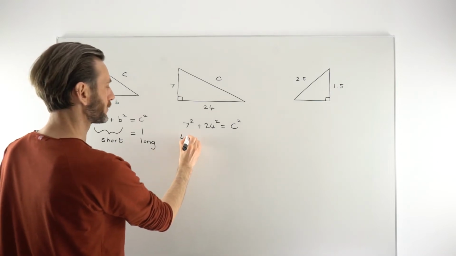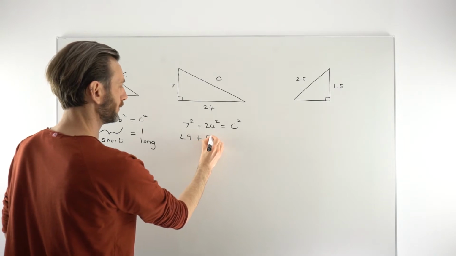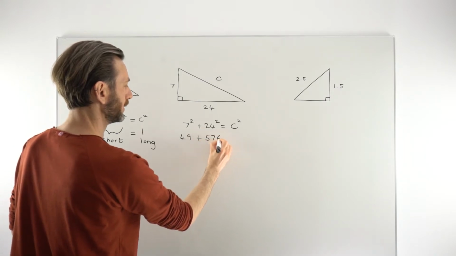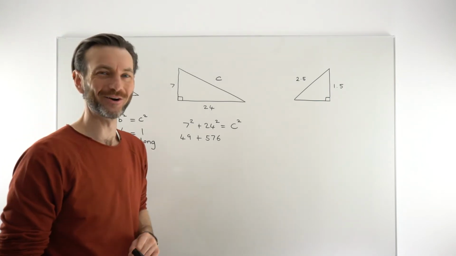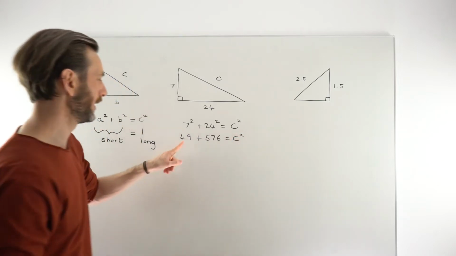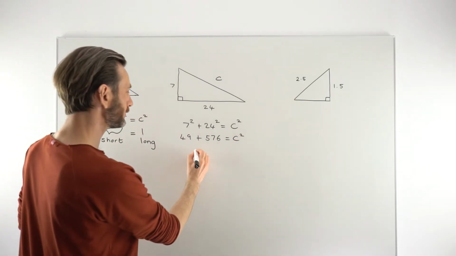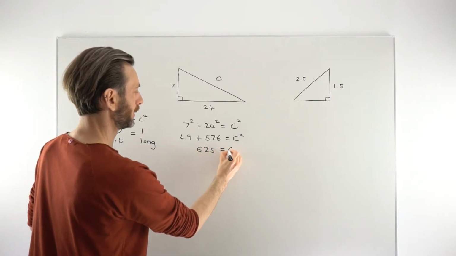So 7 squared is 49. 24 squared is 576, I think. I don't know that off the top of my head. I checked that earlier on the calculator. That equals C squared. If you add those guys together, it comes out to be 625.